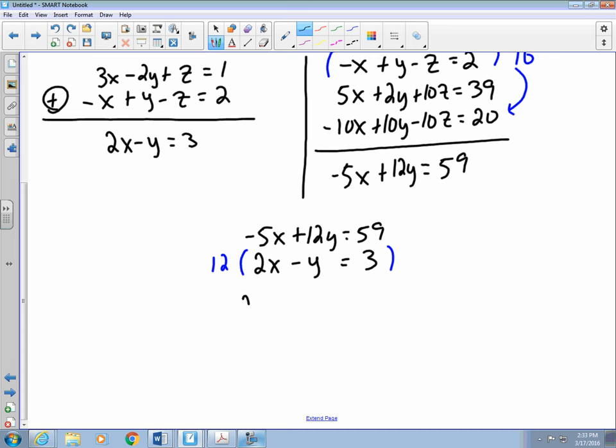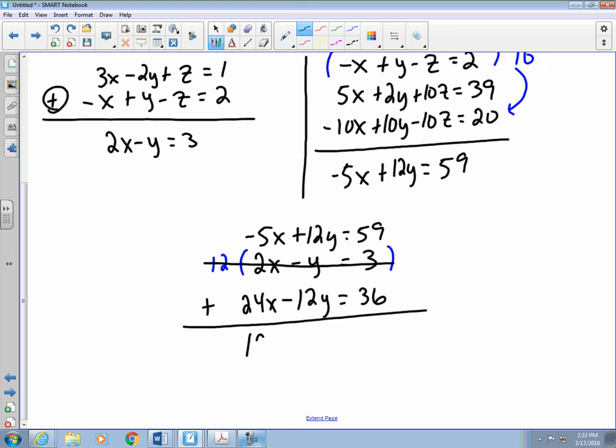So now that becomes 24x minus 12y equals 36. I'm going to add up those two, and now I'm at positive 19x. And 59 plus 36 is 95. So when I divide by 19, we get 5.